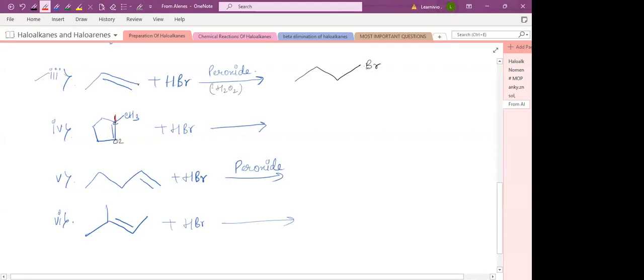First. Okay. Are you sure it is first? Yes. See, here the peroxide is absent. Yeah, so it goes where hydrogens are less.